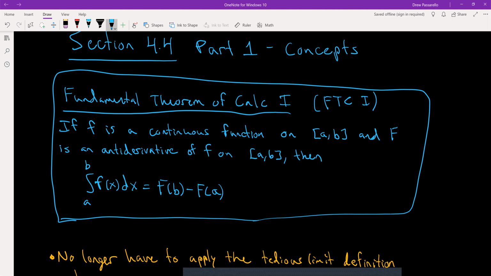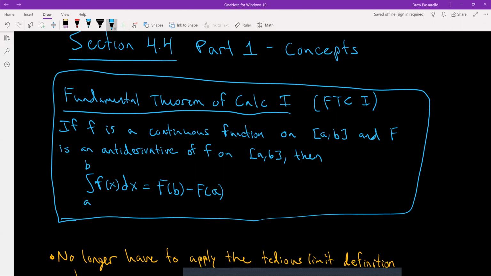So the fundamental theorem of calculus, and there's 2 parts. Part 1. Most people really just know the fundamental theorem of calculus part 1, and I'll abbreviate it as FTC I, or sometimes just FTC. Essentially the fundamental theorem says that if you have a continuous function on a closed interval, and capital F is the antiderivative of that function on the closed interval, then the definite integral of the function is equal to capital F of b minus capital F of a.